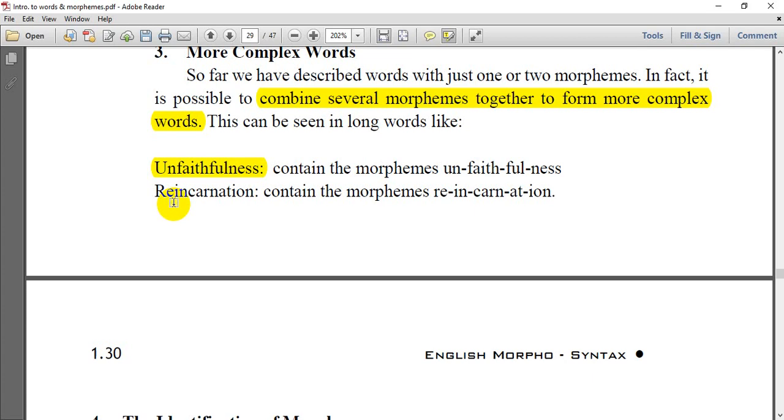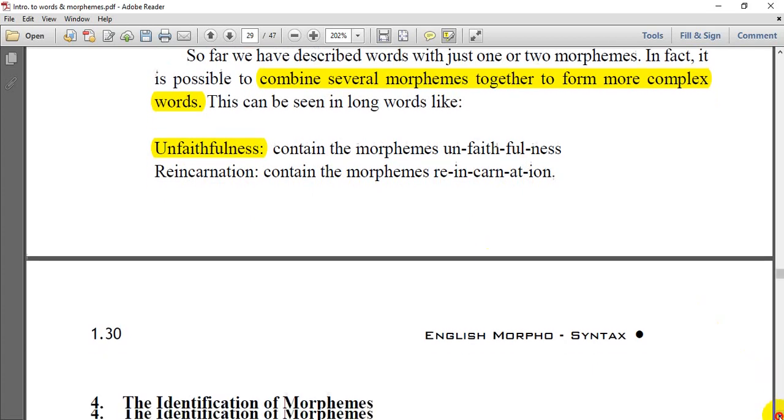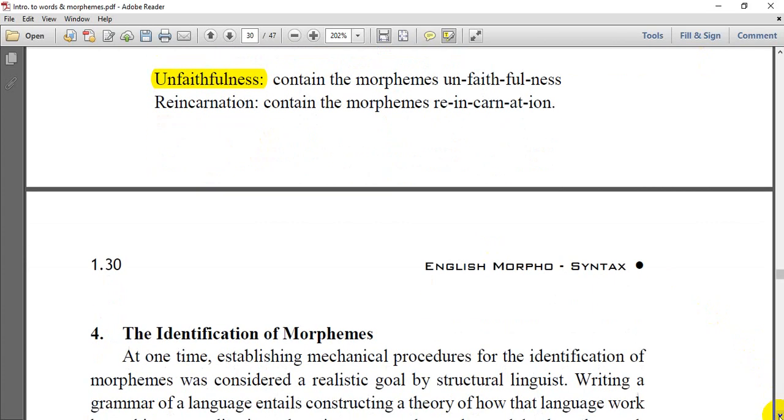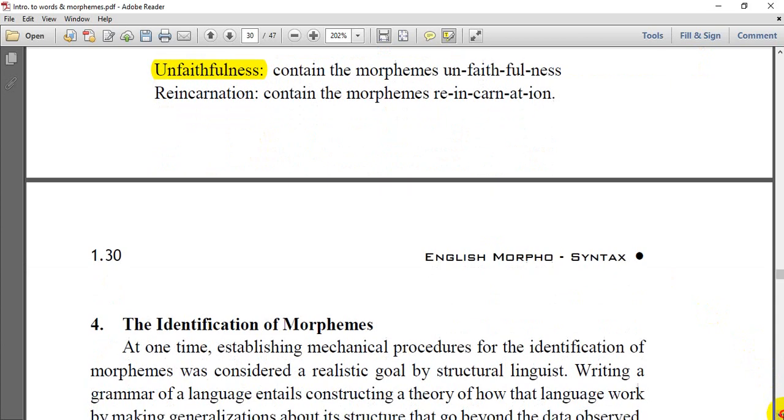Another example is reincarnation, which contains one, two, three, four, five morphemes. Reincarnation has five morphemes. This is how to break down words in English.